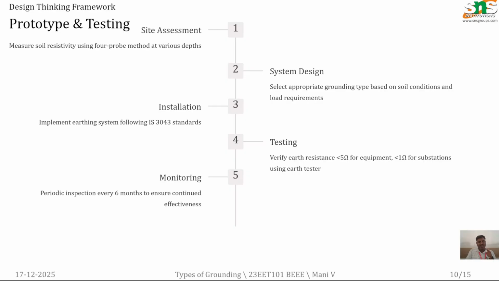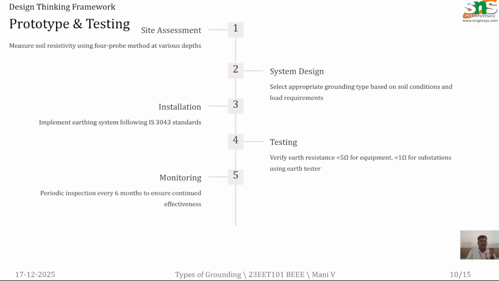We have already done a site assessment. Finally, we do testing to check whether the earth resistance is less than 5 ohm for residential, and for substations or a generating station it should be less than 1 ohm. At the final stage we do this testing and frequently monitor and inspect.